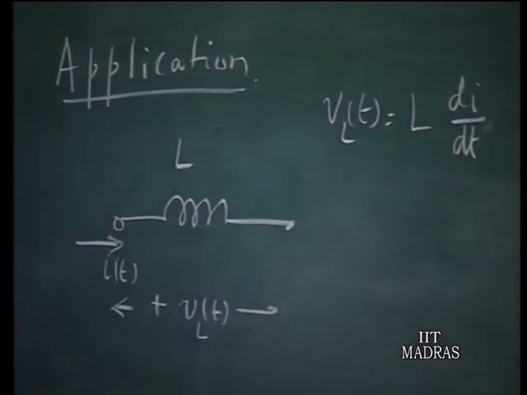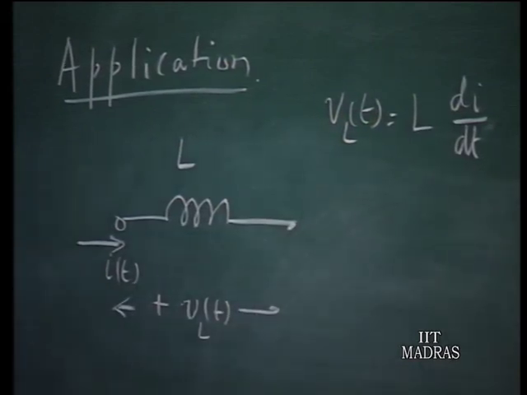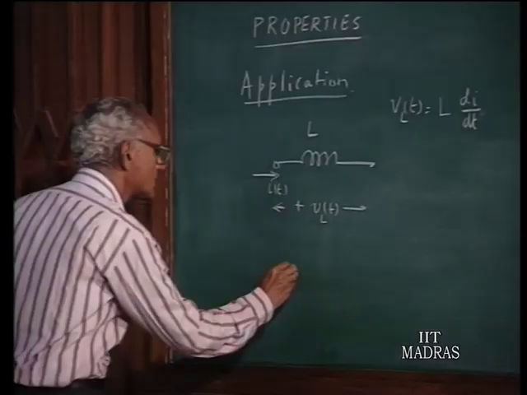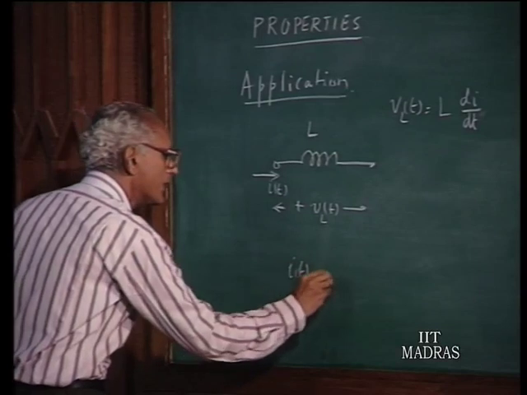Now, if you know the Laplace transform of the current i(t), then we should be able to find out the Laplace transform of the voltage v_L of t using the differentiation rule that we have just now studied. So, let us Laplace transform the left hand side and the right hand side. Assume that i of t has the Laplace transform I of s.